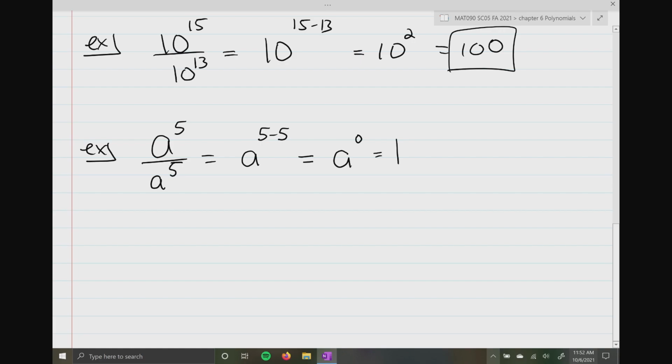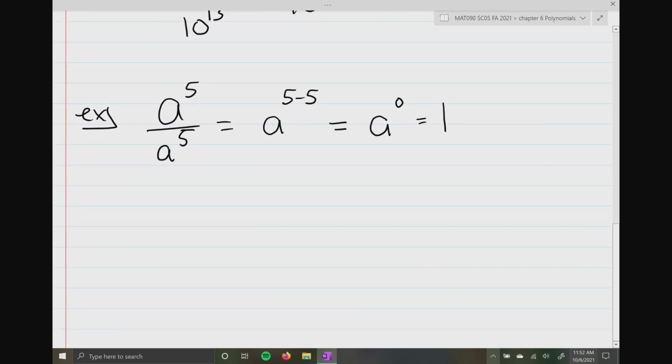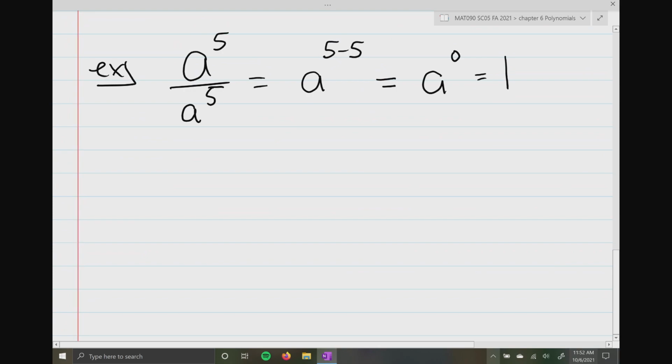I think it's really good to understand why. Okay? So the first thing I'm going to do is write out what the rule is. So here's your next rule. It is called the 0 exponent rule. This would definitely be a flashcard, by the way. So the 0 exponent rule basically says this.